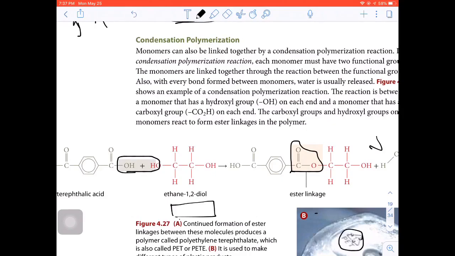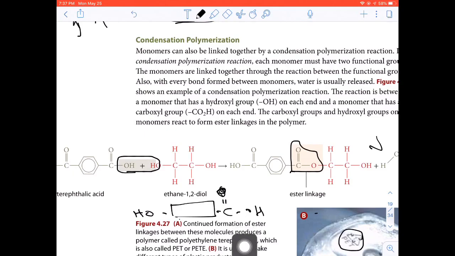my hydrocarbon piece in the middle, but then I'm going to have a COOH on one end. That was messy. And I'm going to have an OH on the other end, so that I can always have the OH on one end bonding to the COOH on the carboxylic acid on the next molecule.